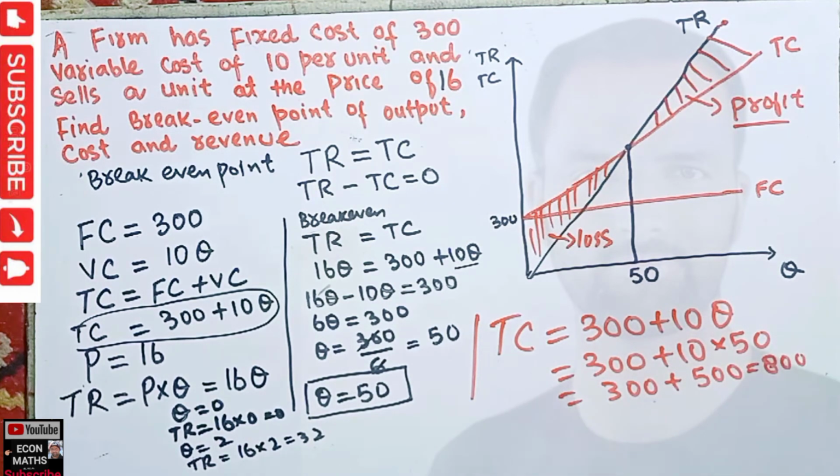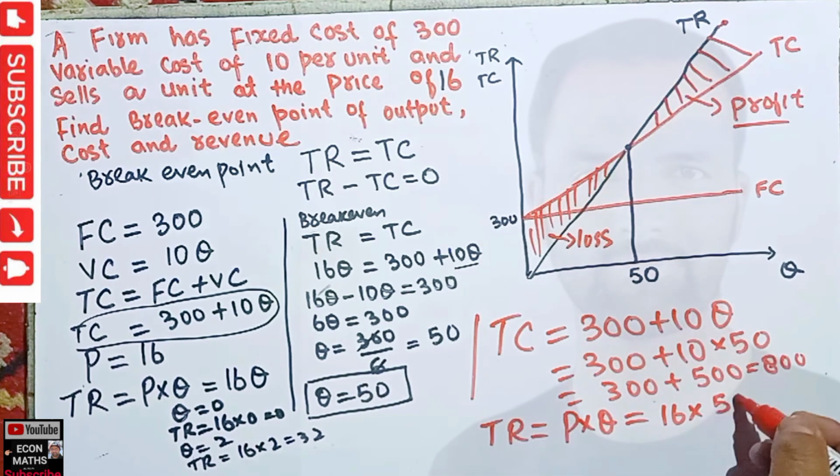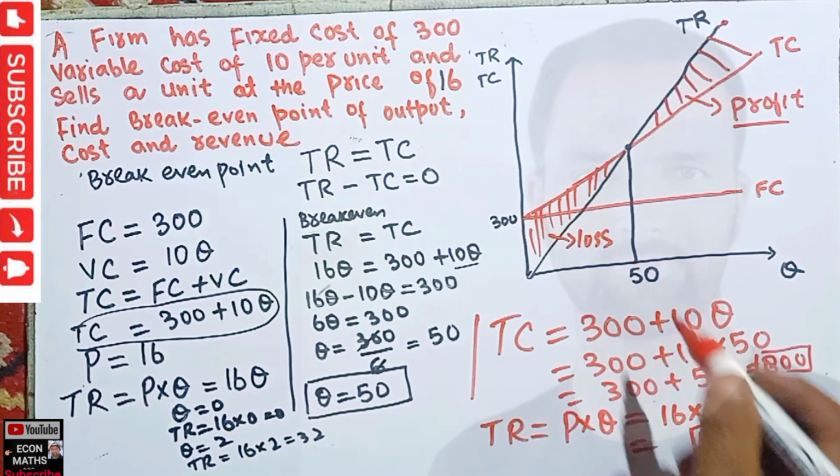And what is total revenue? It is P into Q. P was 16 and Q was 50. 5 sixes are 30, 5 ones are 5, and it is exactly equal to 800. Our total revenue is 800, our total cost is 800.